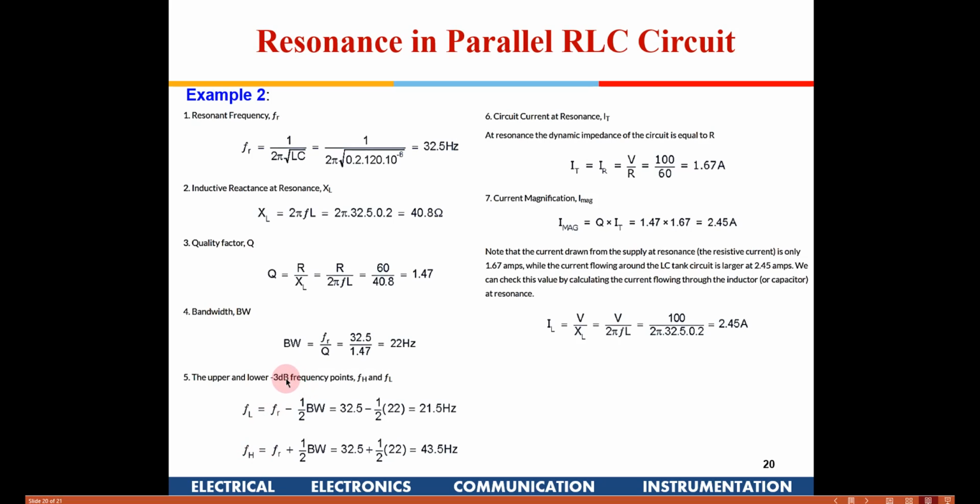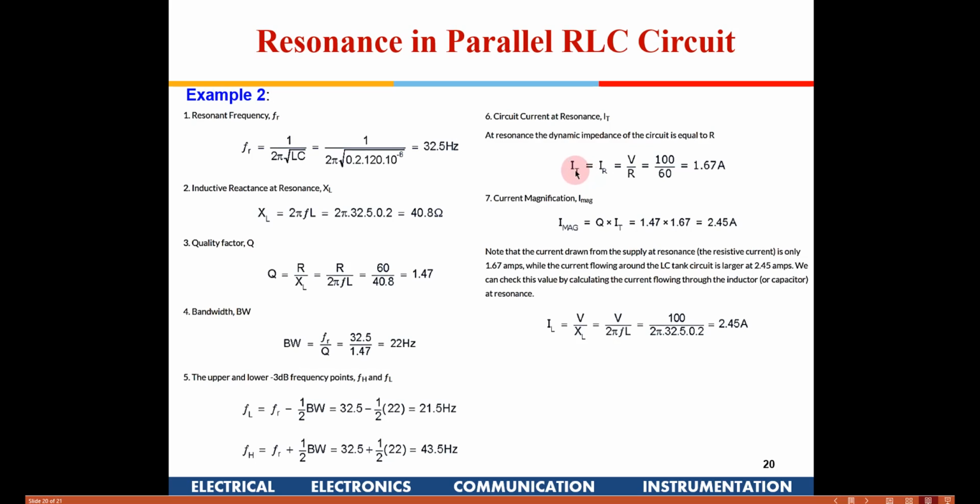It is the point where the power gets halved. If 0 is the normal power, minus 3 dB means the power is 10 log half, which comes to about minus 3. That is the reason it is also known as minus 3 dB. The higher cutoff frequency can be obtained by FR plus half the bandwidth. So you can use this data and get the higher cutoff frequency.